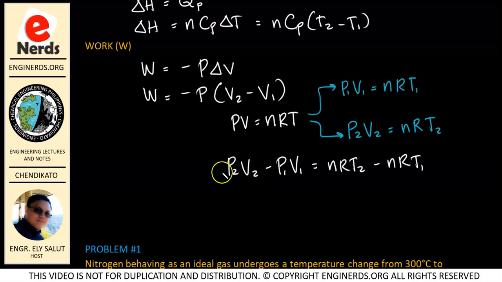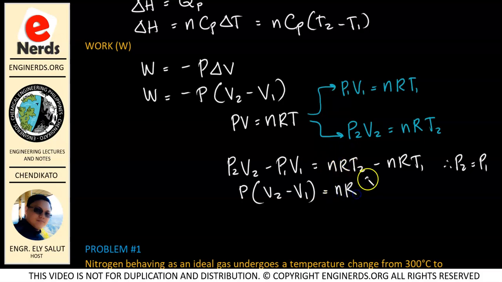So therefore, our P2 is equal to P1, because we are in a constant pressure process. So we have P times (V2 minus V1). We just factor out P because it is constant. Then our nR will not change, so we will factor that out. So we have nR times (T2 minus T1).